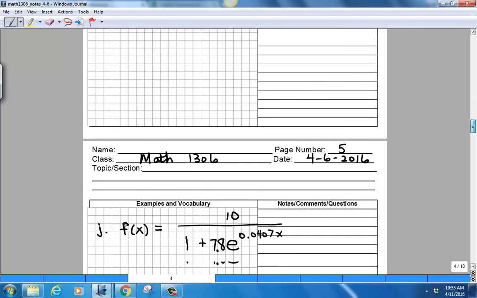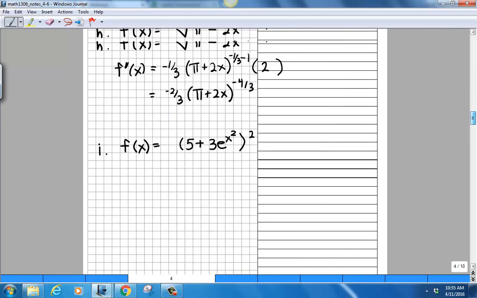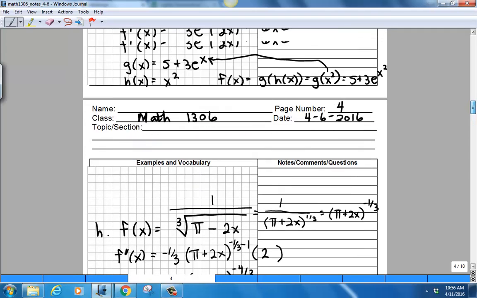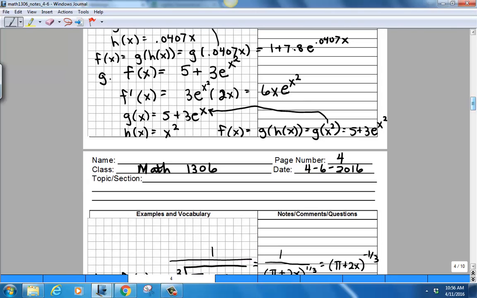All right, let's try one more, maybe two more here. Let me give you a little hint on this one because it looks like a previous example. Notice we just found the rate of change of 5 plus 3e to the x squared. Remember what its rate of change was?